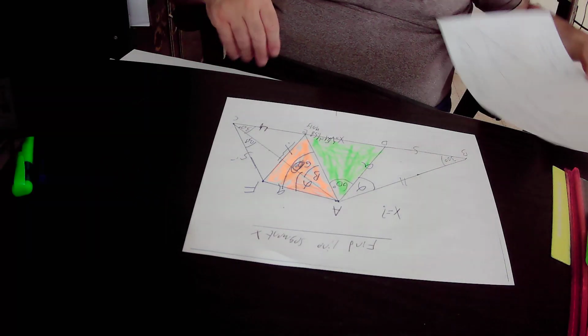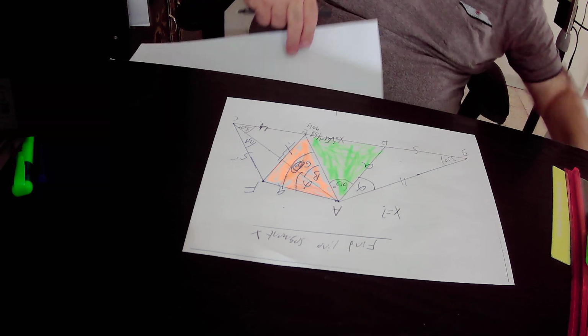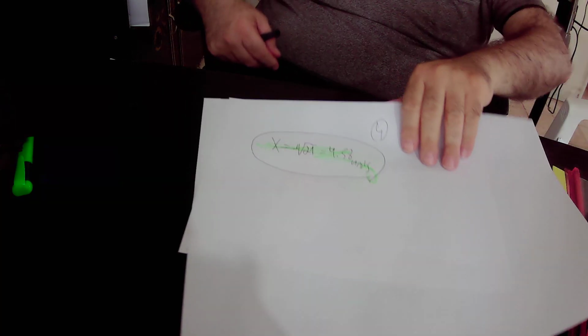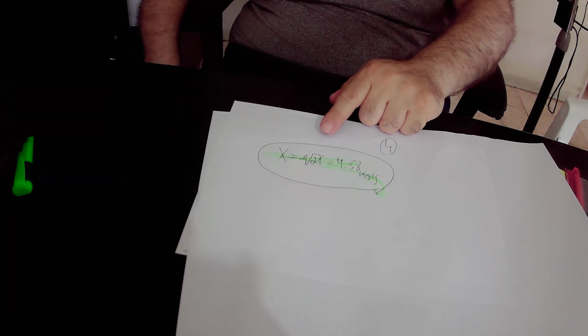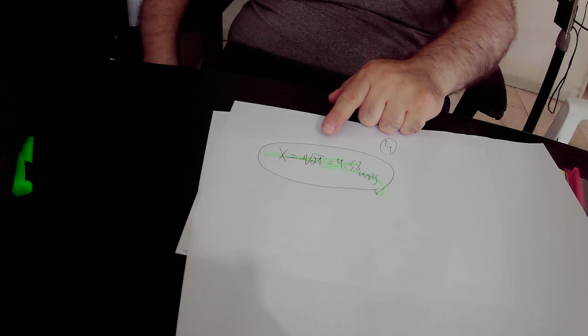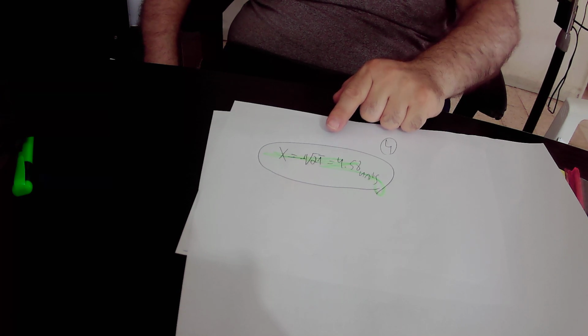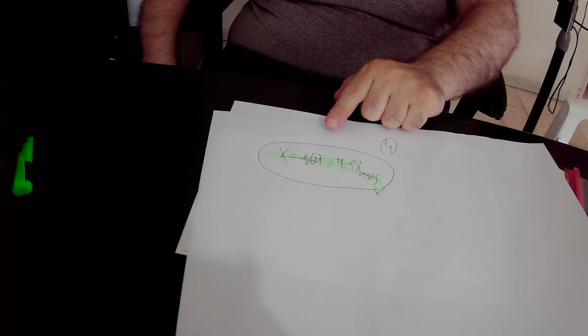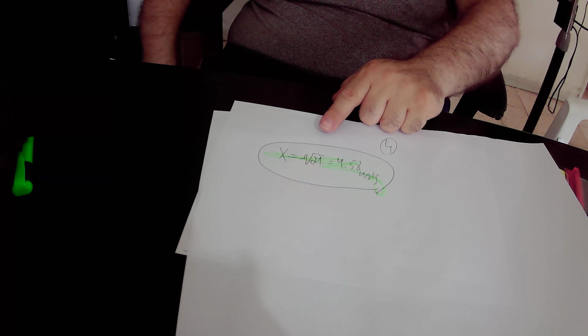So we found that x equals the positive square root of 21, because x is a length, so it must be a positive number. So the answer to the question is that x equals the square root of 21.